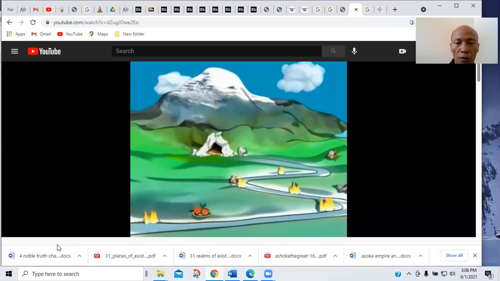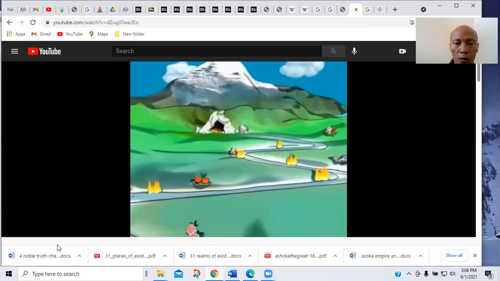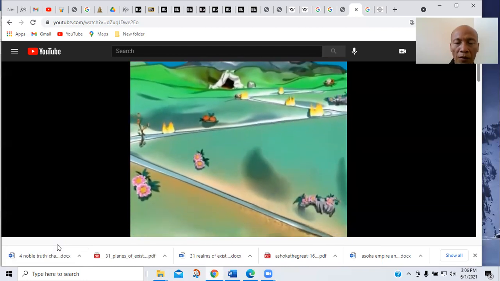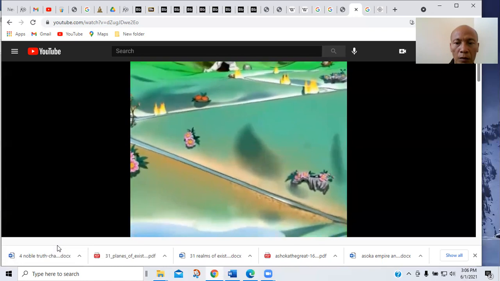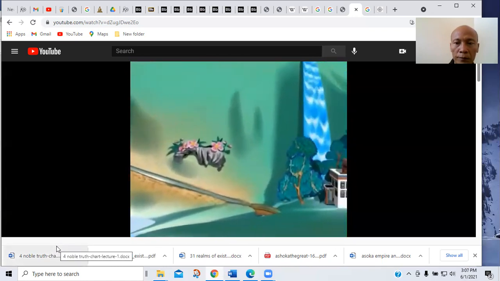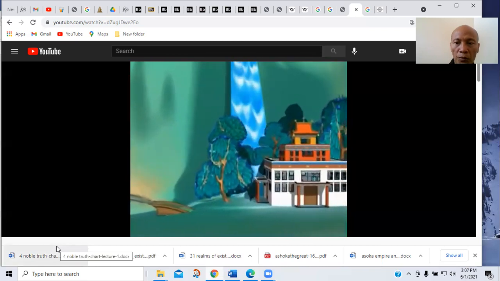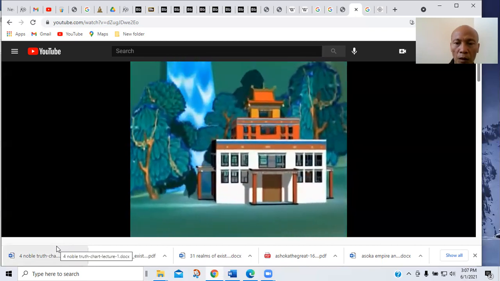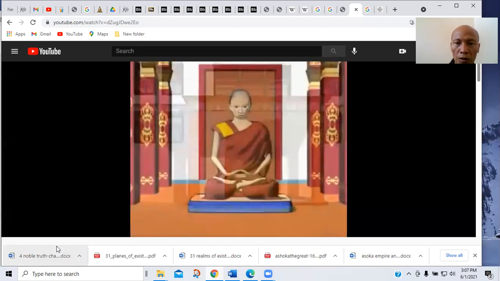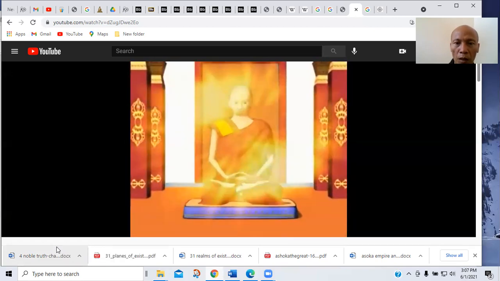And the next one demonstrates a Buddhist path. We see a temple that hosts a Buddhist monk. Actually, he is a Tibetan Buddhist monk.